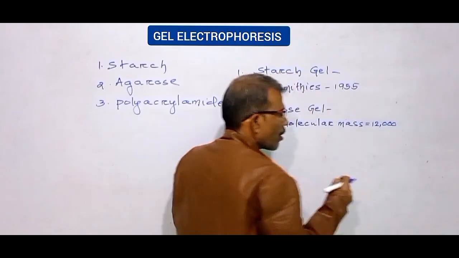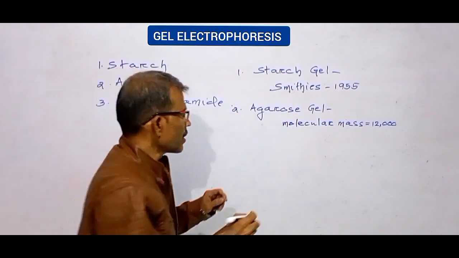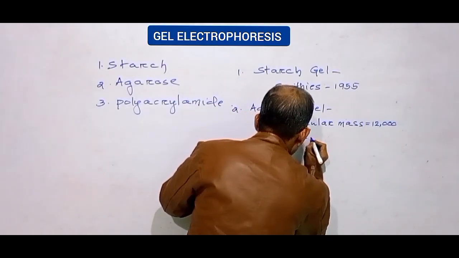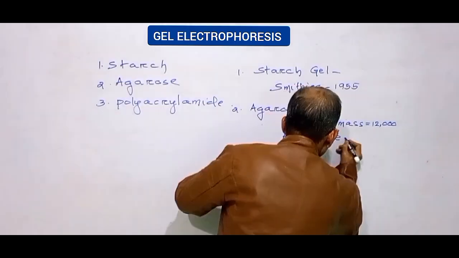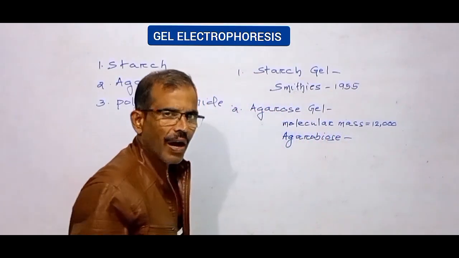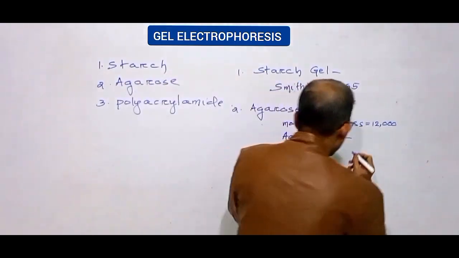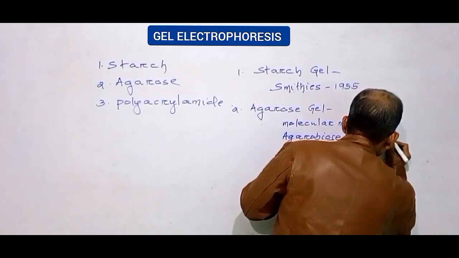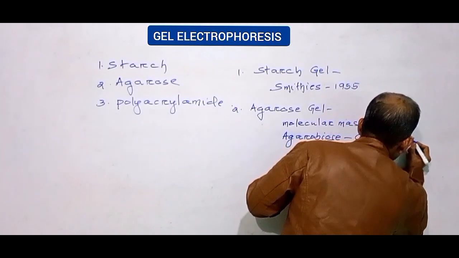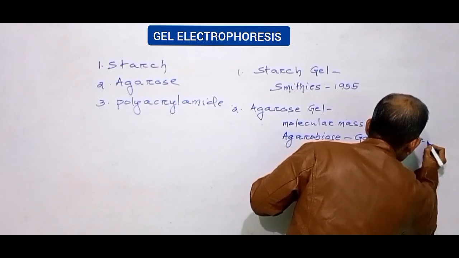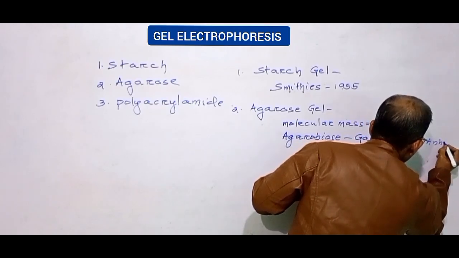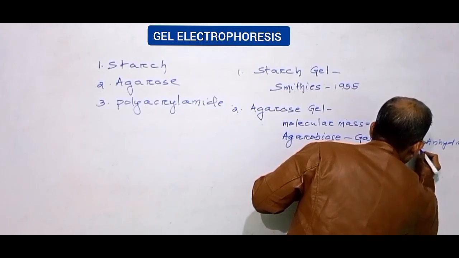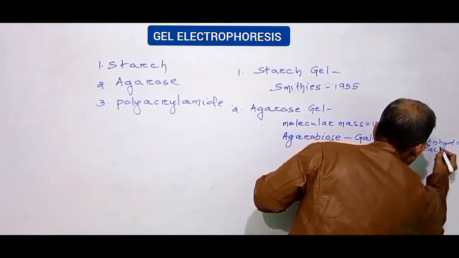It is made up of the basic repeat unit agarobiose, which consists of alternating units of galactose and 3,6-anhydrogalactose.